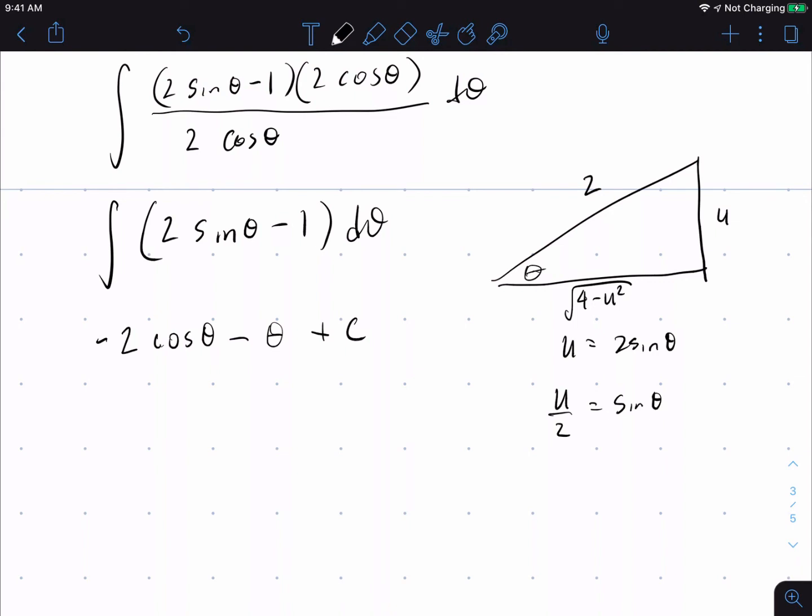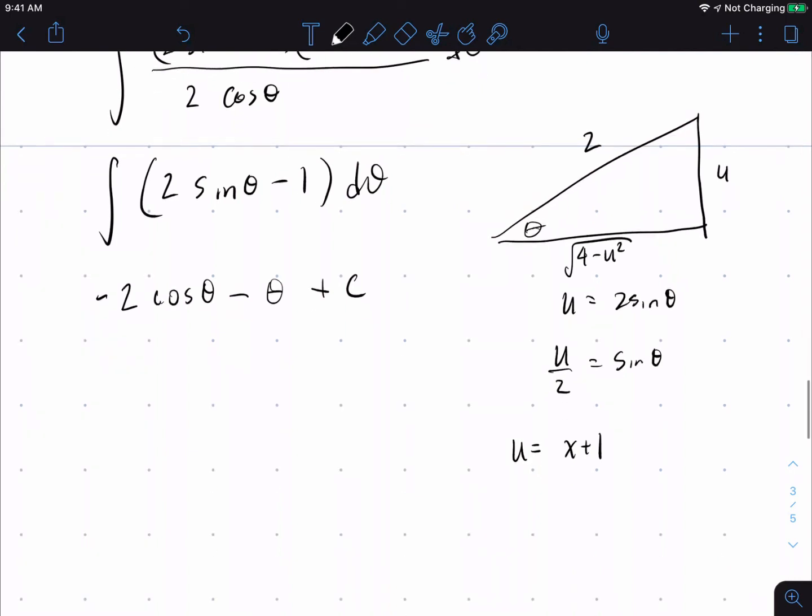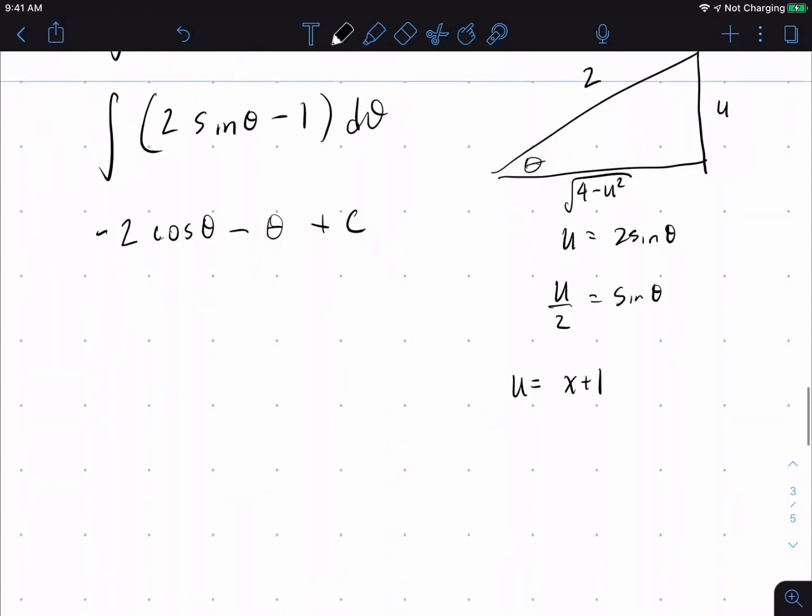One of the things that's important too is we need to know that u was x plus 1 originally. Right? Right. Okay. So, I'm going to rewrite the triangle so that it has the right information when I substitute.